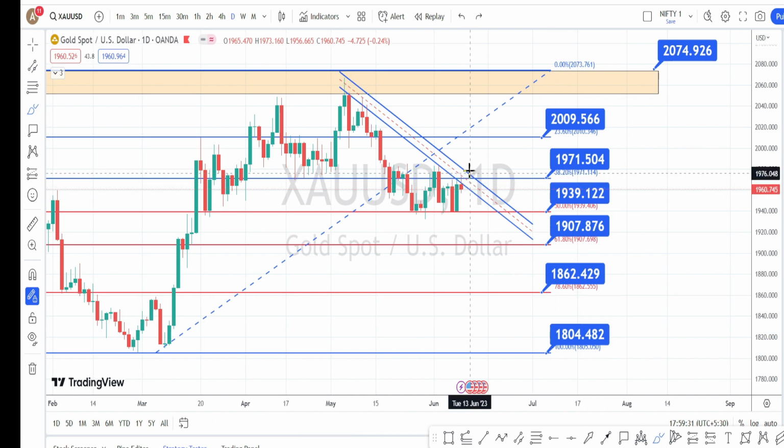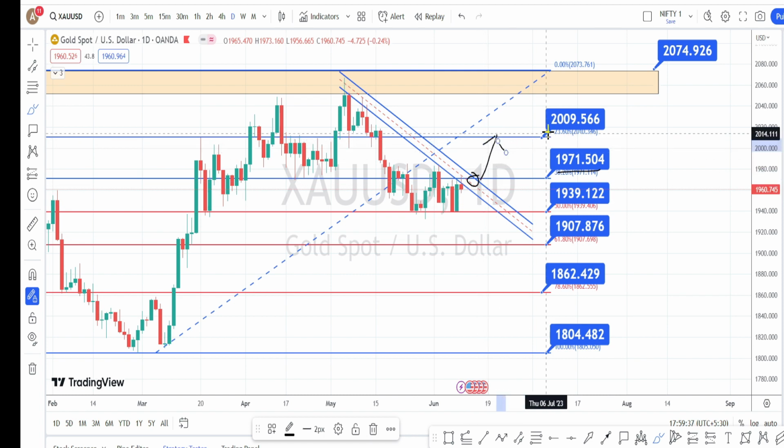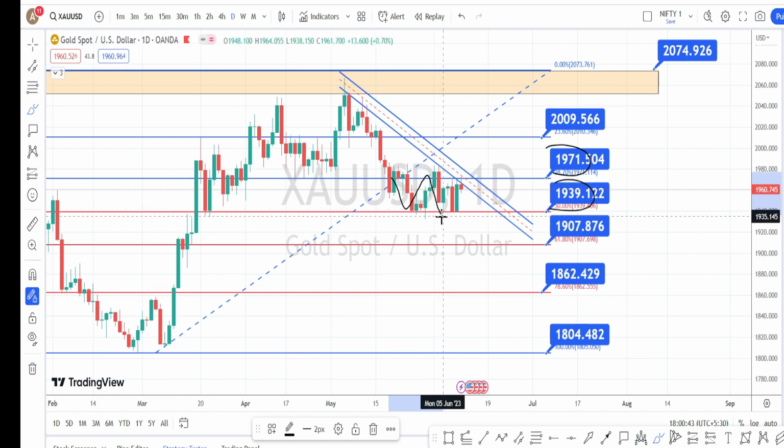And if the price action breaks this resistance level of 1971 and continues its bullish side retracement, next level of resistance is going to be around 2009 and 2074. So this zone between 1971 to 1939 is acting as a very strong resistance and support zone.